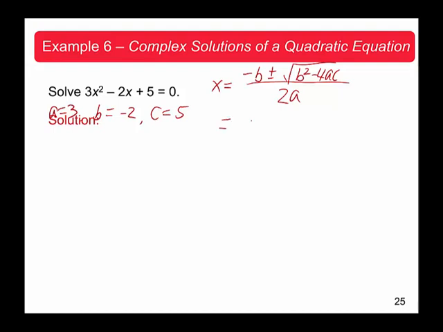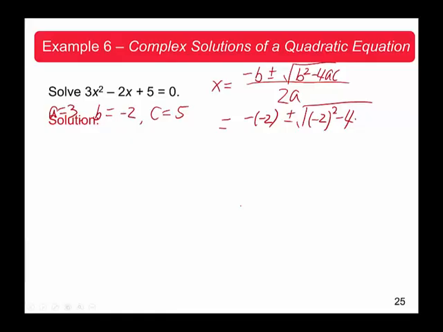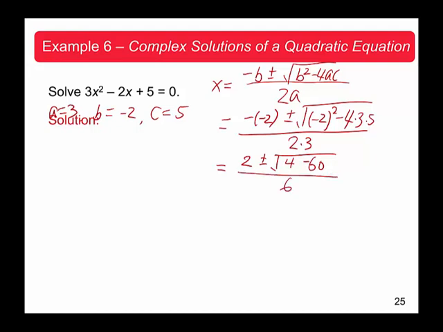So now let's see, we get minus -2 because b is -2, plus or minus radical of -2 squared minus 4 times 3 times 5, and dividing by 2a, 2 times 3, which is 6. All right, so let's move forward. So negative -2 becomes positive 2, plus or minus -2 squared is 4, minus 4 times 3, 12, times 5, 60, over 6.